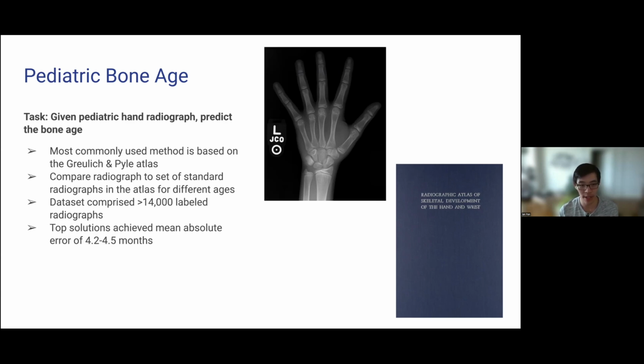So about 200 radiographs rated by 6 radiologists, so that they could get a good gold standard measurement, since there is variability in what people will say for a given radiograph. The top solutions here achieved a mean absolute error of about 4 months, which is pretty good. So that's less than 0.4 years.